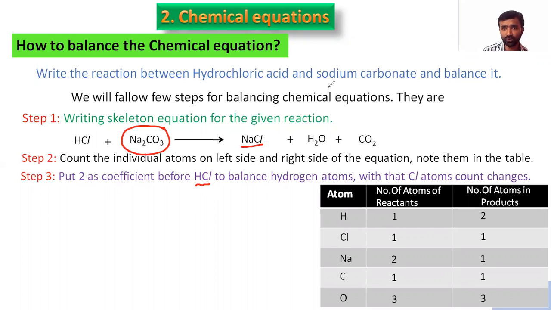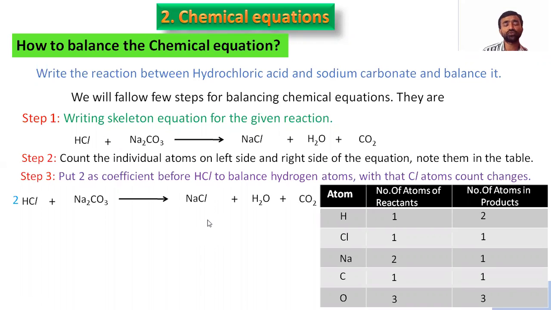So I'll put a 2 as the coefficient before HCl. Then what happens if you put 2 before HCl? The hydrogen count is balanced. Then what about the chlorine atoms in that HCl? Disturbed. So that count is changed. On the LHS, the count of chlorine atoms is 2 here. So on the RHS side also, I need to change it.